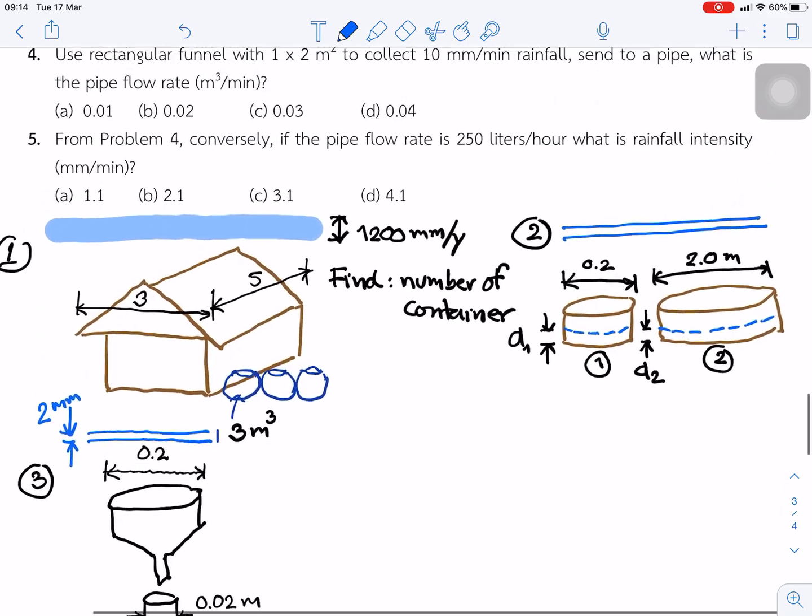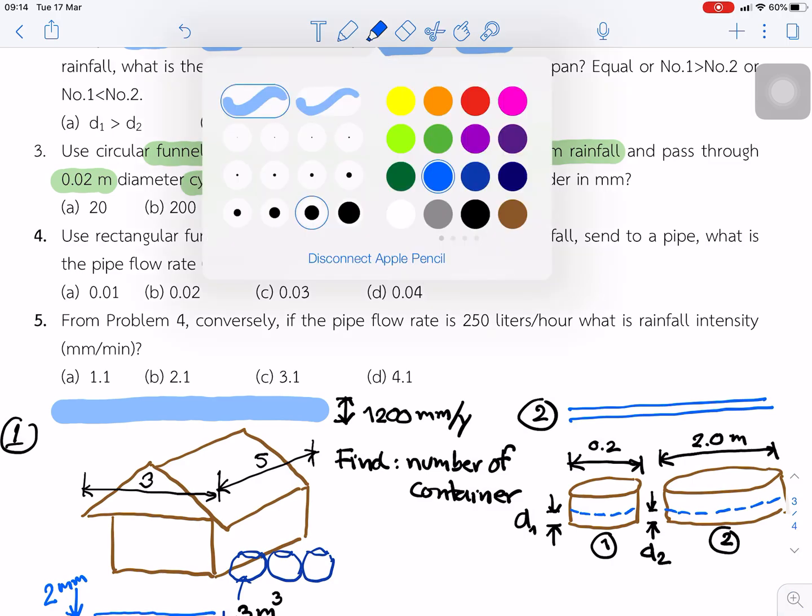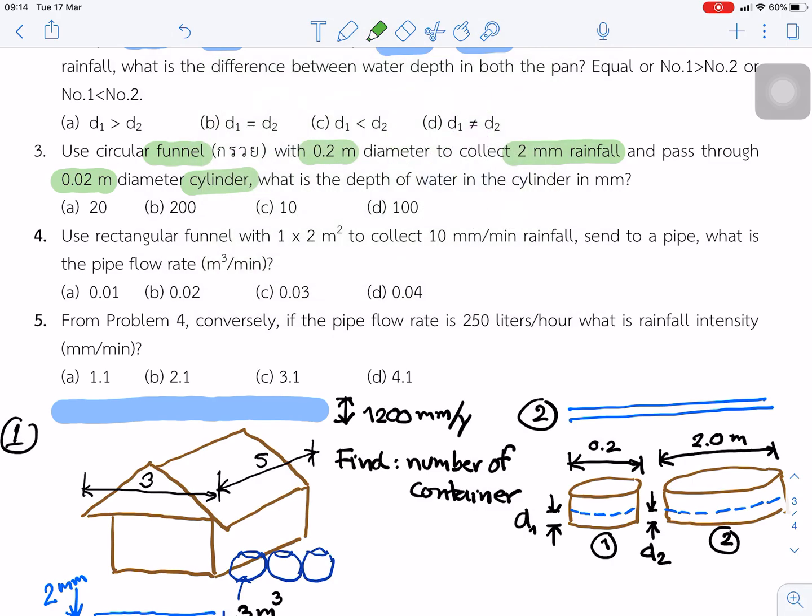The next question is about a rectangular funnel with a 1 times 2 square meter size to collect 10 millimeters per minute of rainfall sent to a pipe. So what is the pipe flow rate in cubic meters per minute?